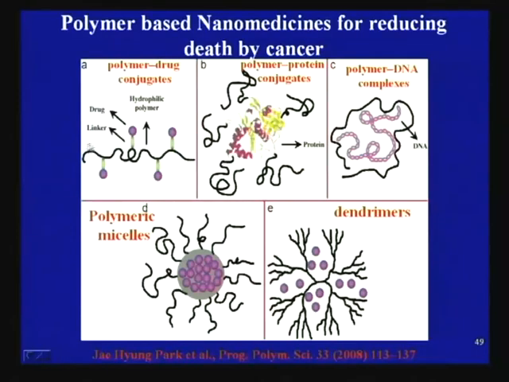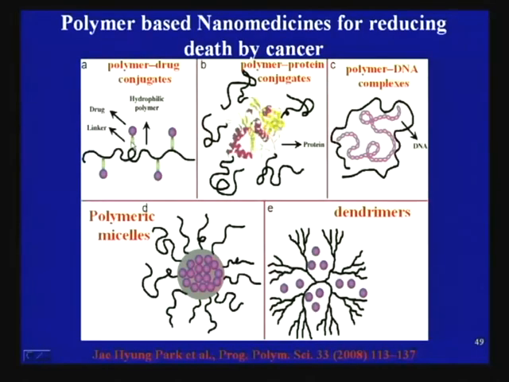Now, if there is some affected site, the affected site can have an environment of different pH, different temperature, different surface characteristics. What will happen if this system reaches there?